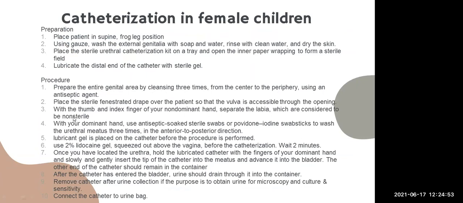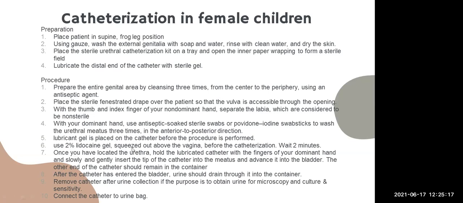Use the thumb and index finger of the non-dominant hand to separate the labia, which are considered non-sterile, and with the dominant hand, use antiseptic soap, a sterile swab or povidone to wash the urethral meatus 3 times in the anterior to posterior direction. Lubricant gel is placed on the catheter before the procedure is performed.